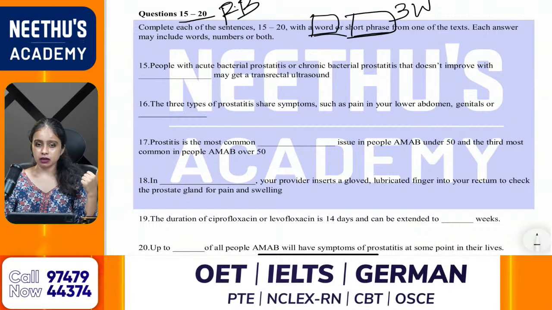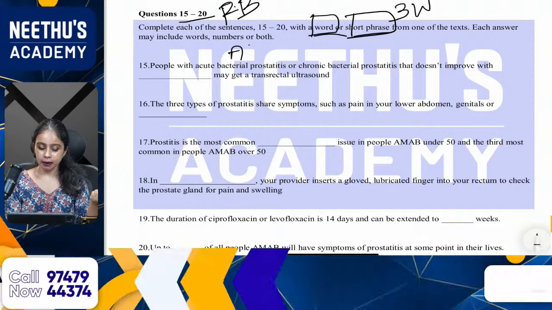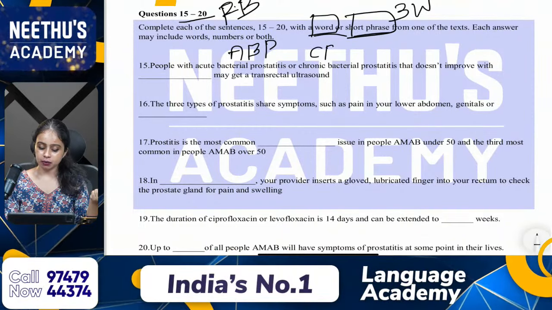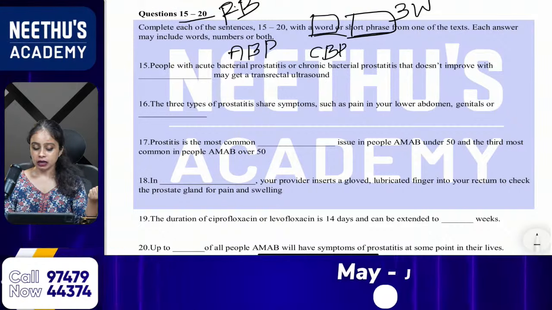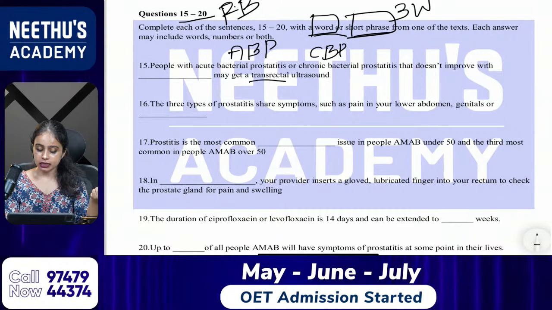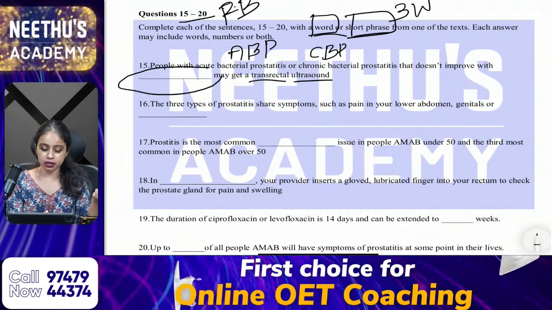So, people with acute bacterial prostatitis (ABP) or chronic bacterial prostatitis (CBP) that does not improve with dash may get transrectal ultrasound. So what is the missing word here?